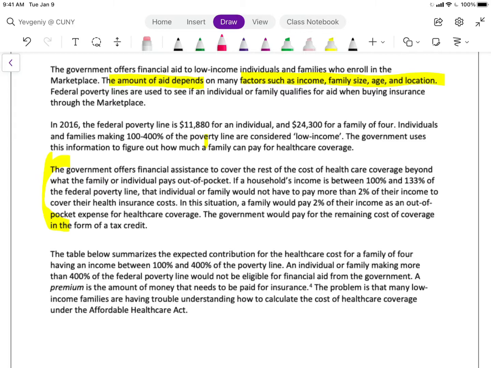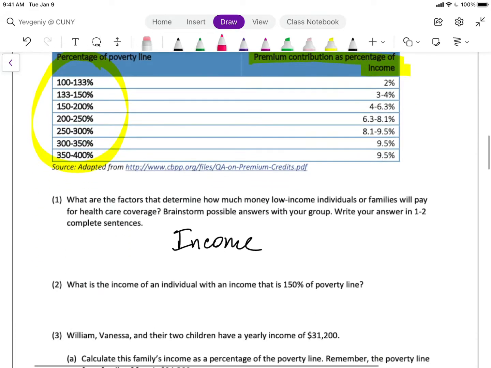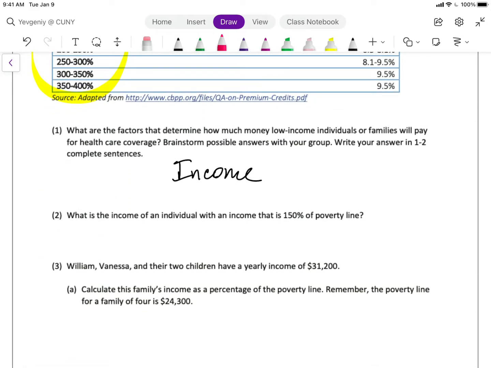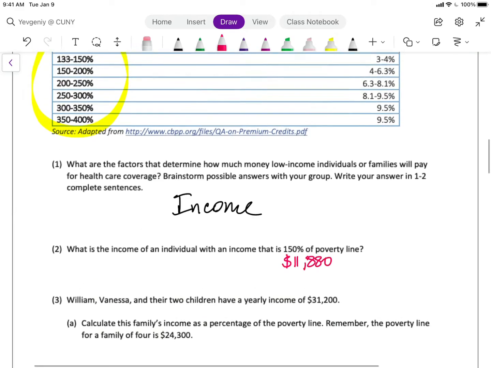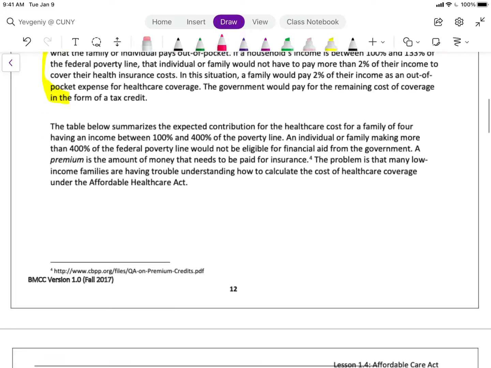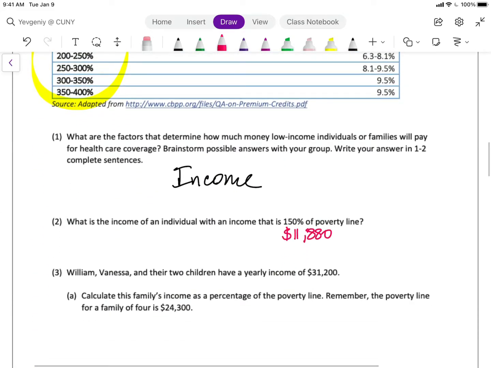It's right here. $11,880. So let's write that number down. Okay, let me just make sure I got the right number. Yes. And then we're going to find 150% of that.